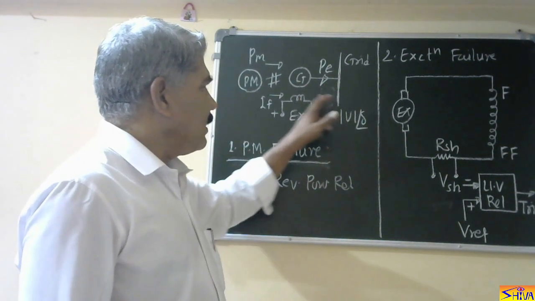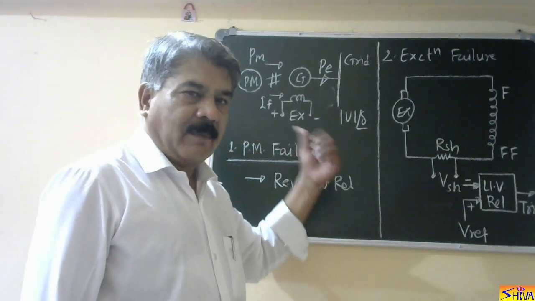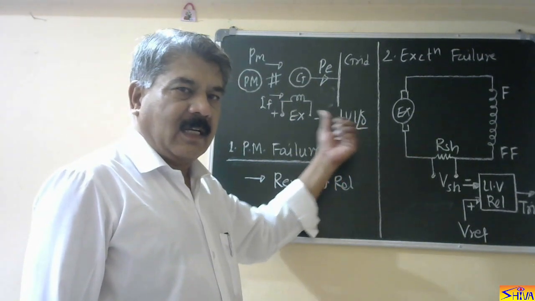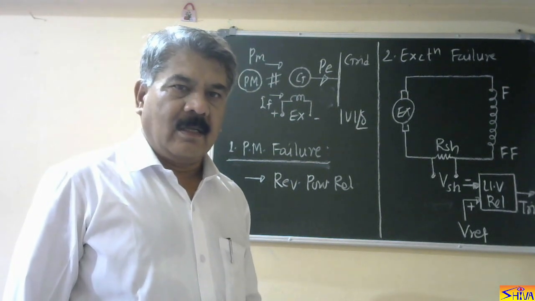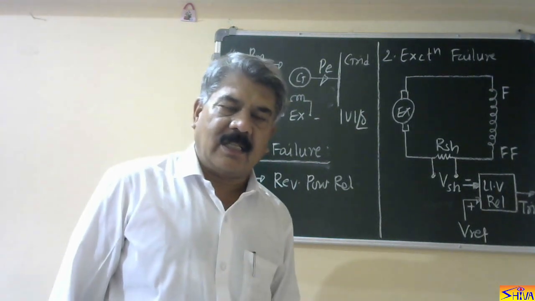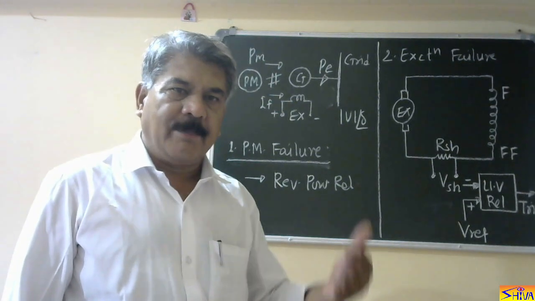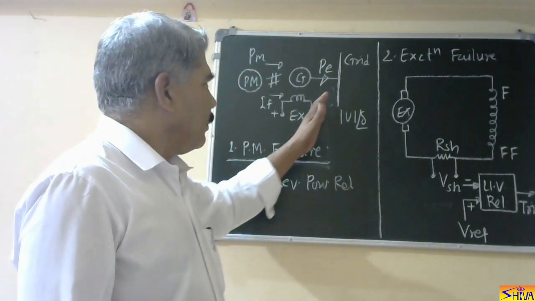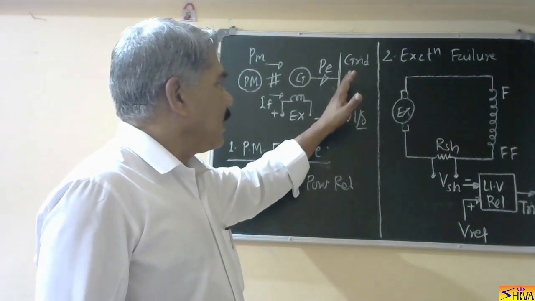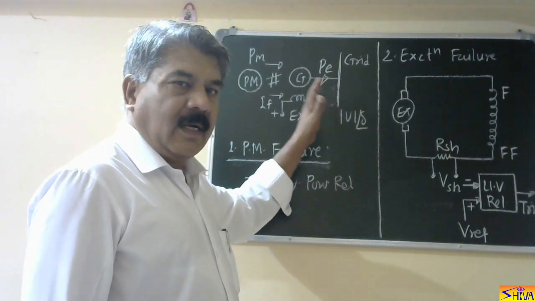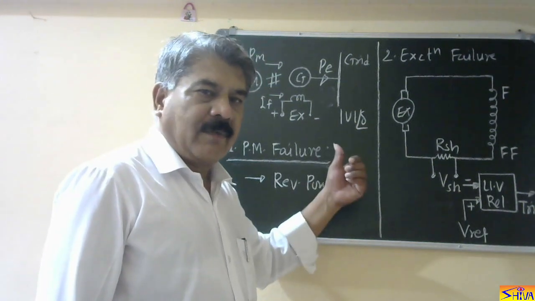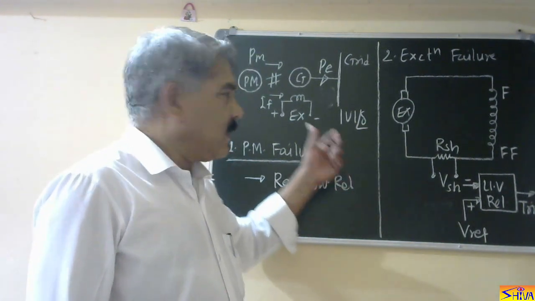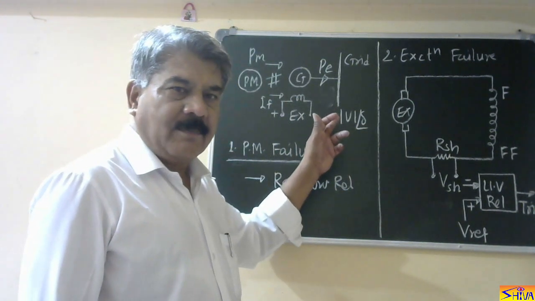Now in this case, it starts taking reactive power from the system and starts operating as induction generator. Starts operating as induction generator means its speed is slightly increased. So as it is taking reactive power from this grid, it is operating as induction generator, so there will be leading power factor, and this causes heating of the stator as well as rotor.